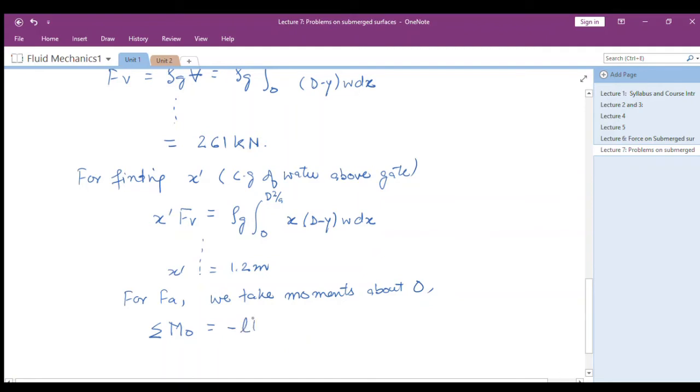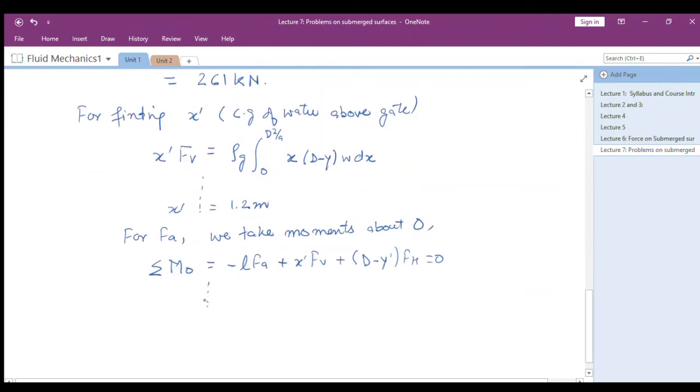So minus L times FA plus x dash times FV plus d minus y dash times FH is 0, and if you would solve this problem, you would find that your FA is around 167 kilonewton.